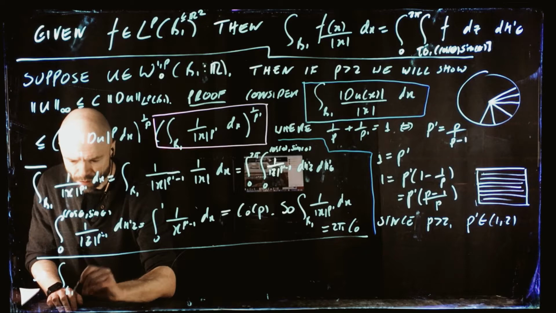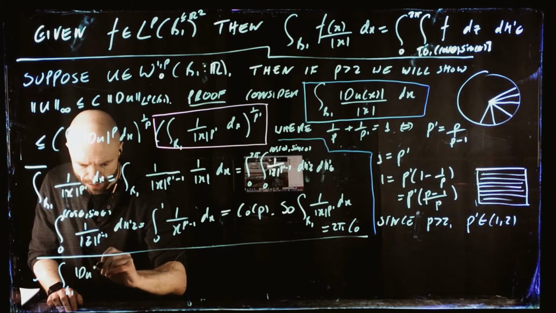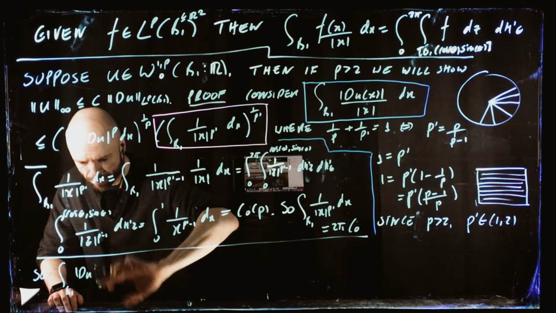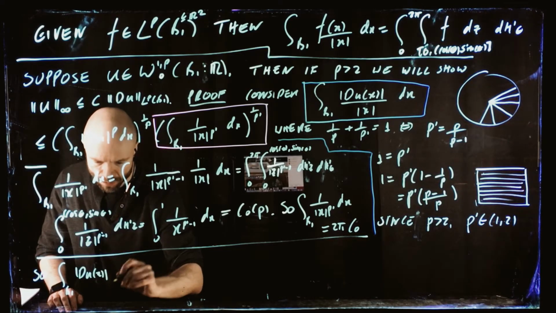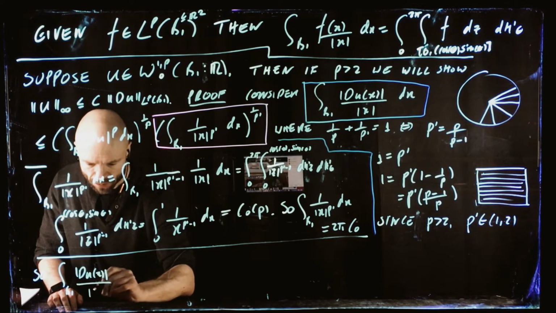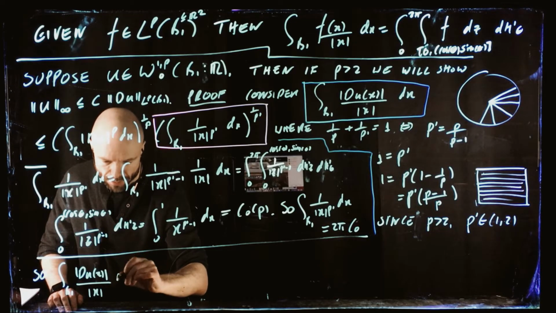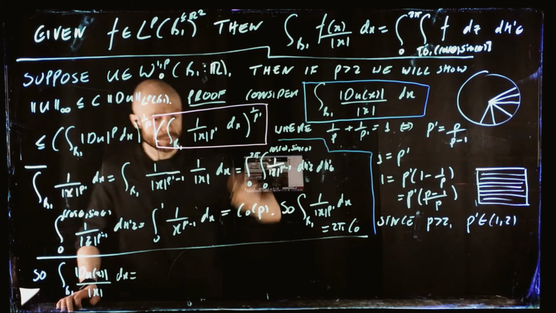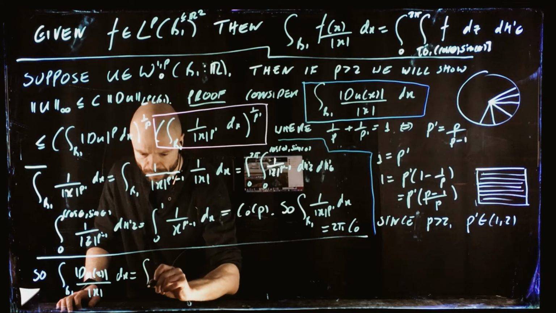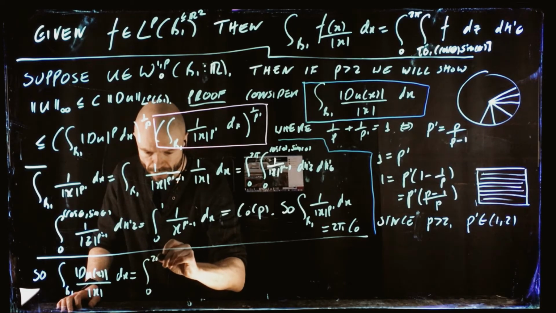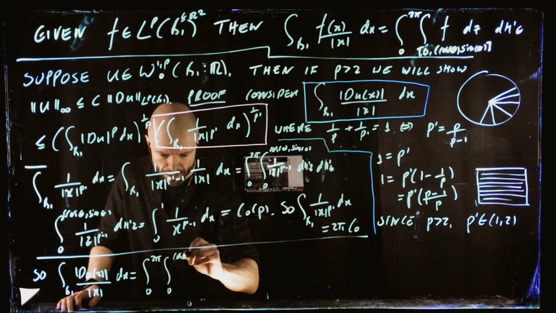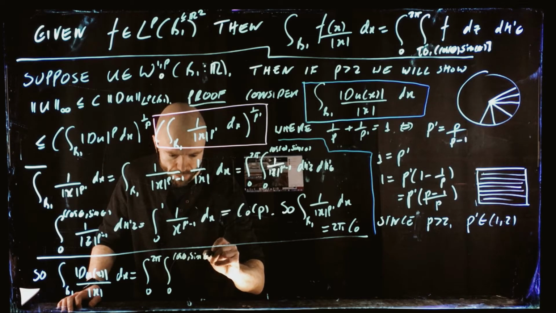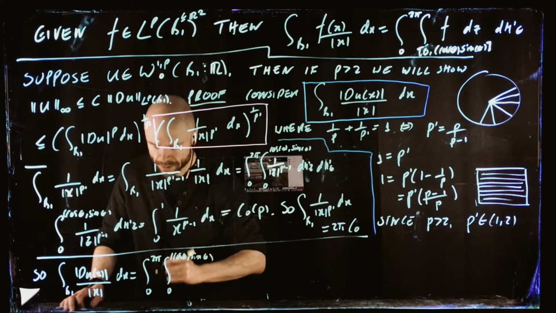Integral around the ball like this. Let's write it like this. And now, again, by the formula, we're integrating from 0 to 2 pi, integrating from 0 to cos theta, sine theta, like this.